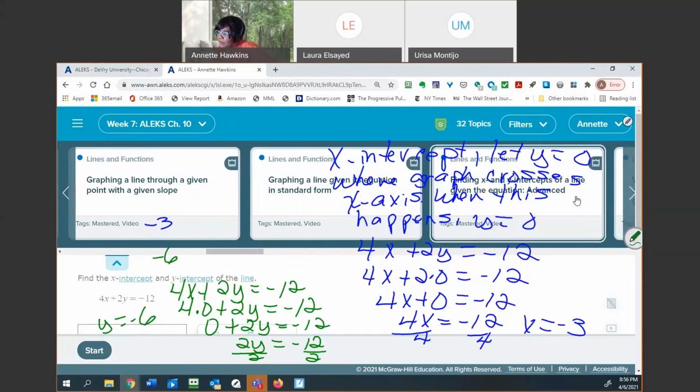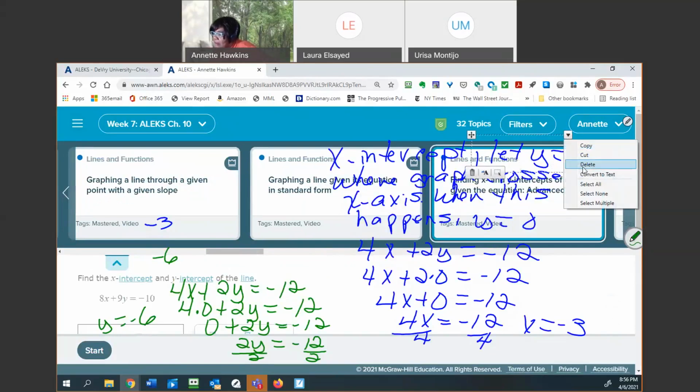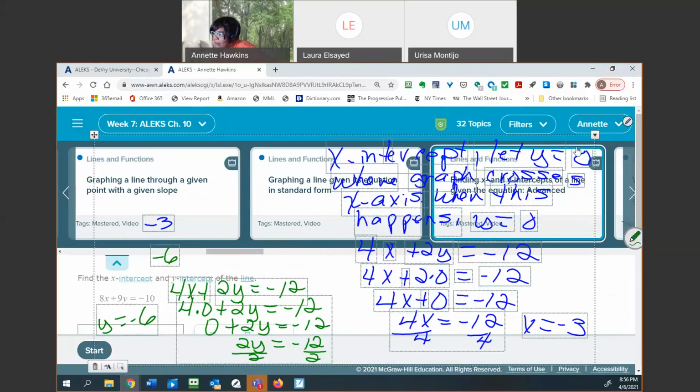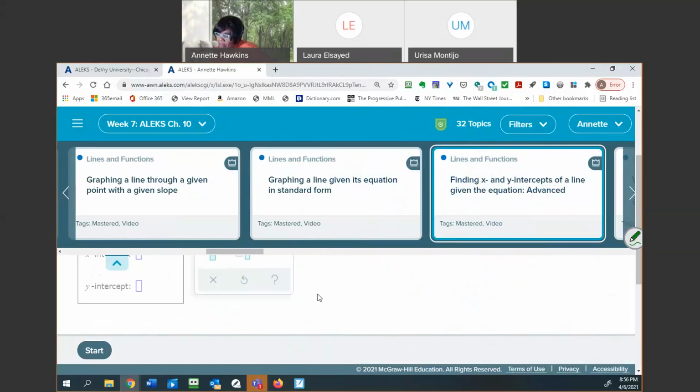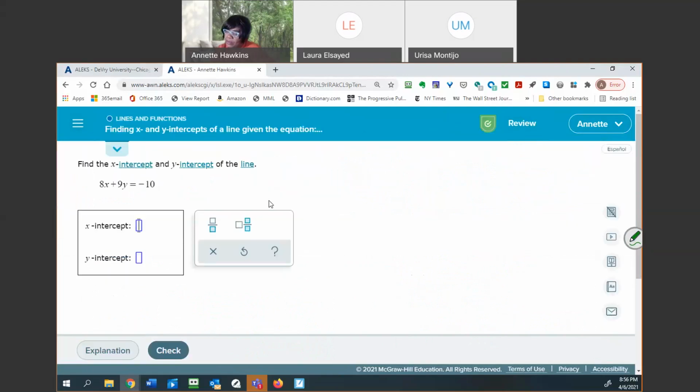Okay, this one. All right, find the X and Y intercepts. Again, we do the same thing. We have a little more work, but the process is still the same.